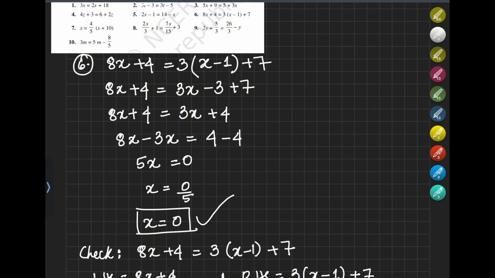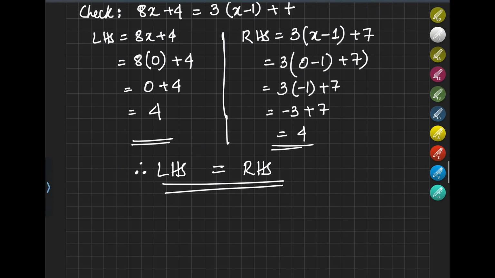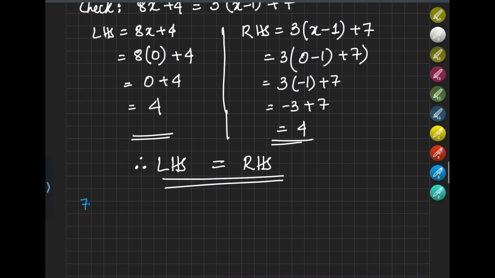Let's do the next question now. Question number 7 is x is equal to 4 by 5 into x plus 10.